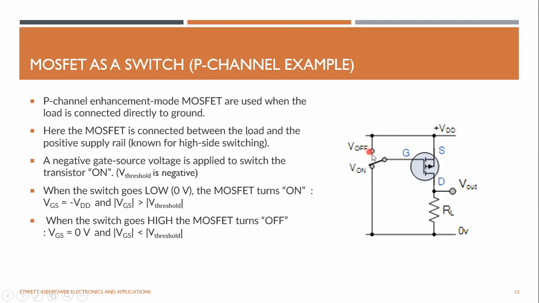The device is turned off. It is moved to the cutoff region. So that is how you can turn on and off a P MOSFET. So now you can understand it cannot be directly driven by a typical Arduino microcontroller. In most cases, you need external gate drivers.